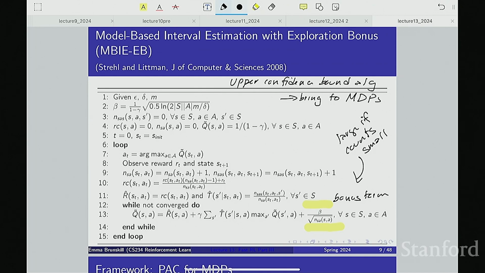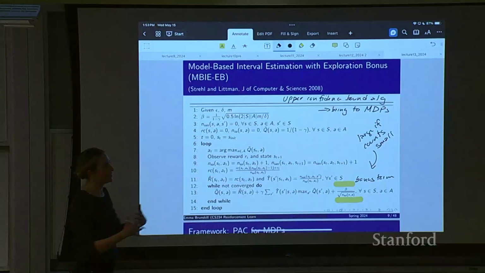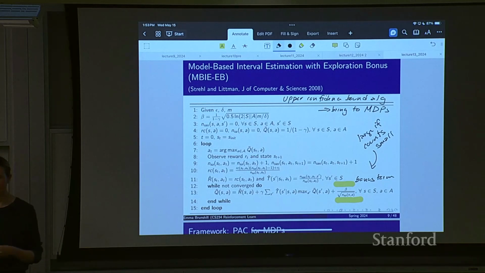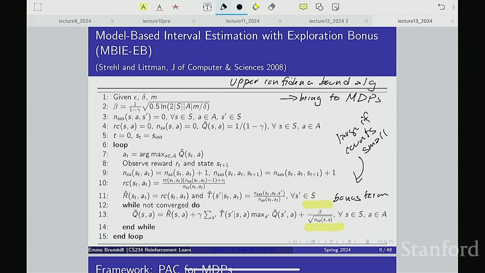So this will drive exploration. And by doing these repeated backups here, you're propagating your optimism under uncertainty backwards so that you develop this policy to drive you that way. So this is one of the quintessential algorithms for doing tabular optimism under uncertainty-based planning.